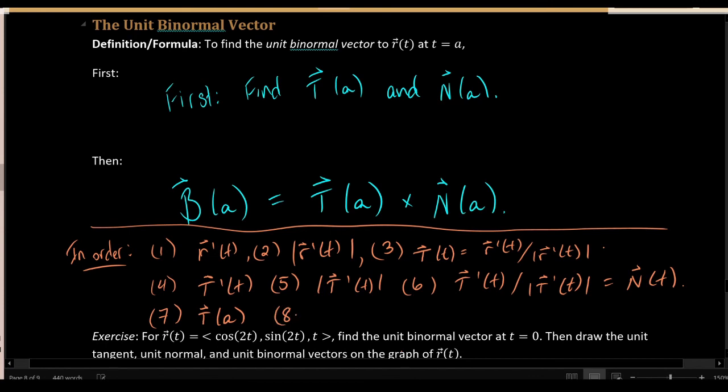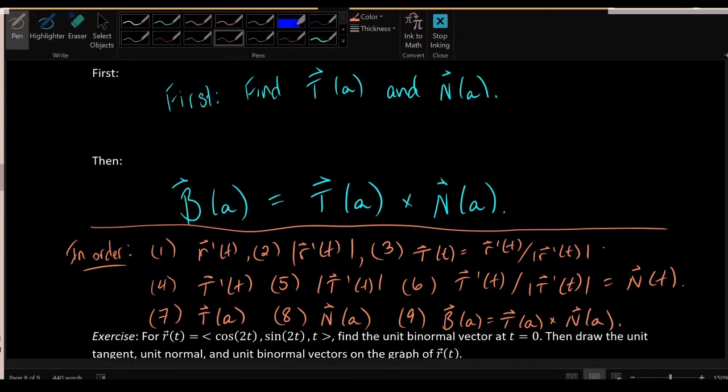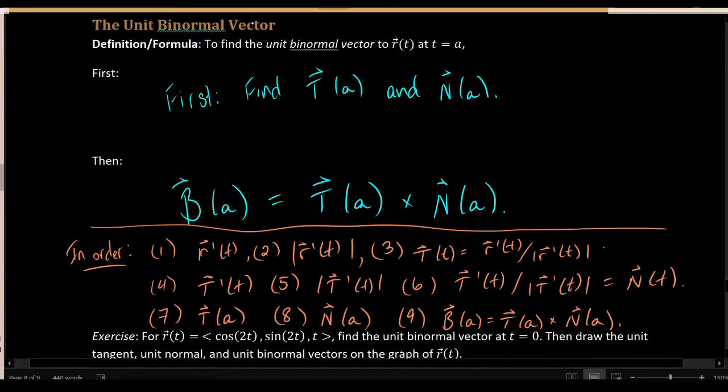And you can calculate the unit normal vector at the given t value. And then you can finish the problem by taking the cross product of those two, T first and then N, to find the unit binormal vector. Just a warning, when you take the cross product of two vectors, order matters.